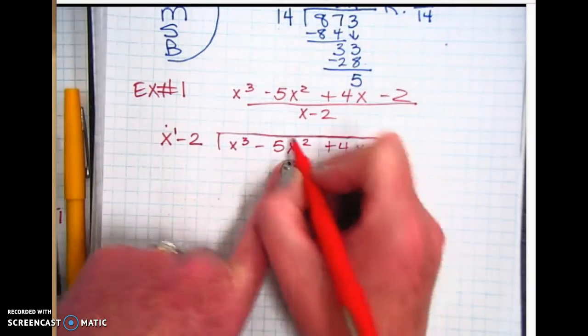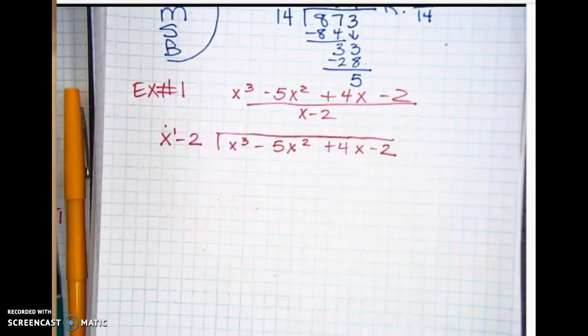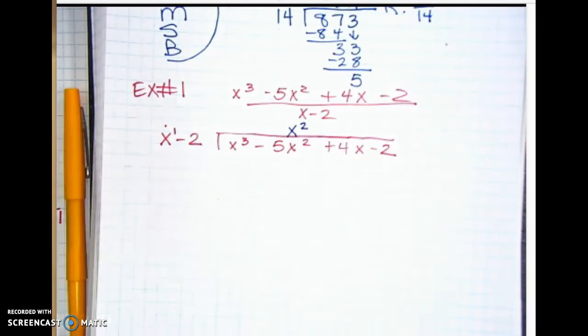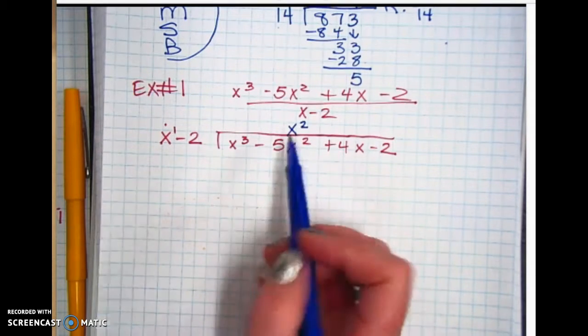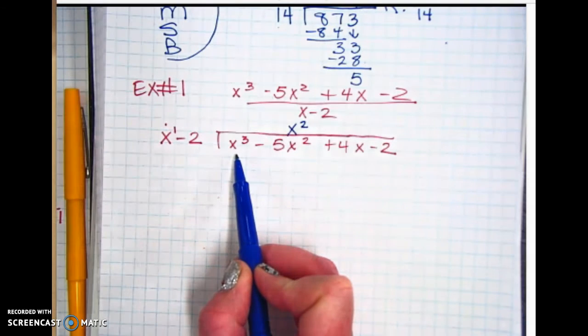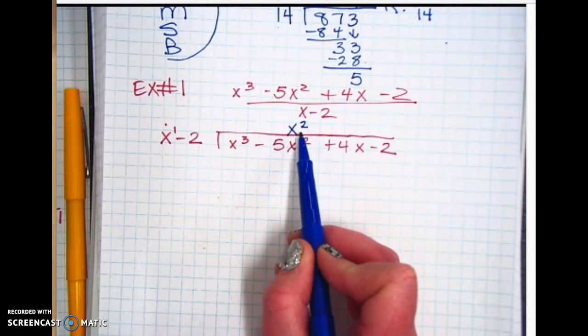So we're going to write it over the top of the x squared term. So let me do it in another color. We're going to write x squared. Okay? X squared times x to the 1st is x to the 3rd. So x to the 1st goes into x to the 3rd, x to the 2nd times.